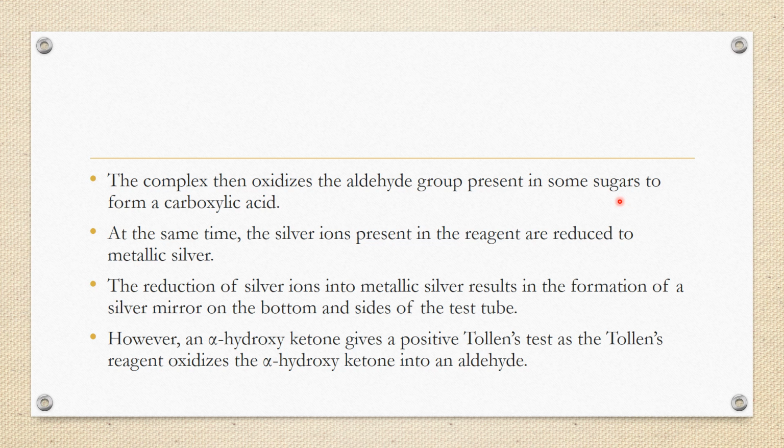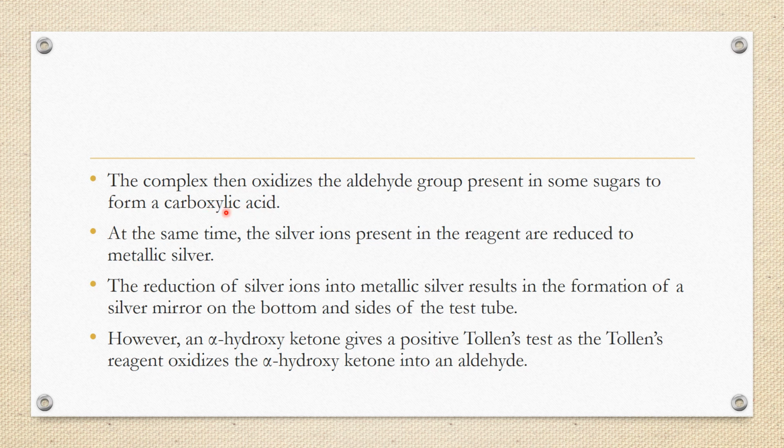As you know, the aldose sugars are sugars containing an aldehyde group, and ketose sugars are sugars containing a ketone group. So this reagent, Tollen's complex, oxidizes the aldehyde group present in the aldoses to form a carboxylic acid.